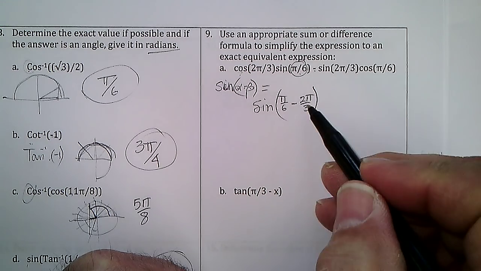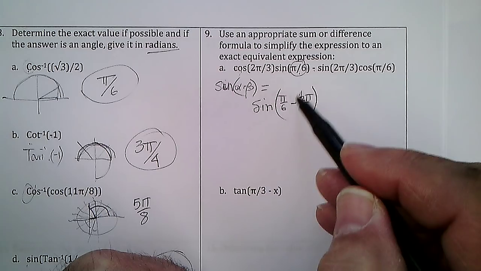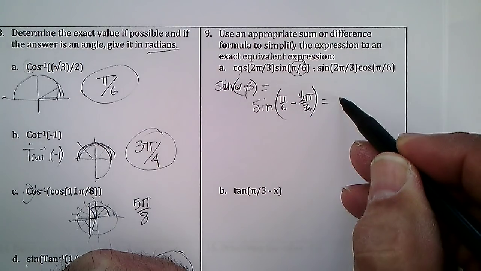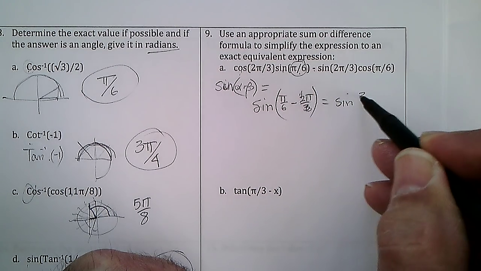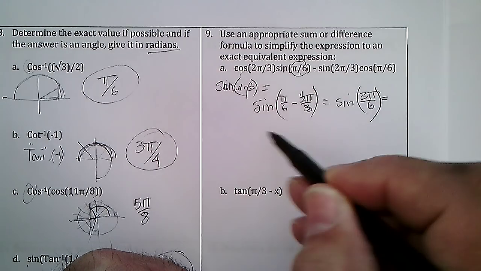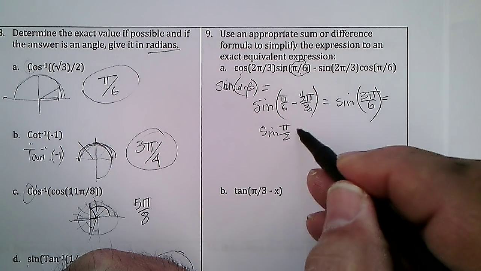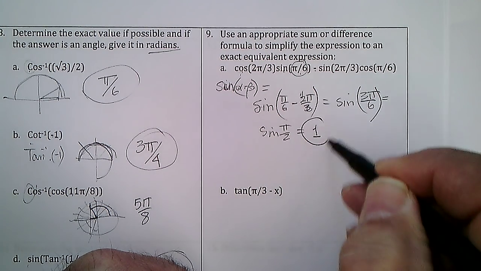So if we get a common denominator, this would be 4 over 6. So 1 over 6 minus 4 over 6 is sine of 3 pi over 6. 3 pi over 6 is the sine of pi over 2, which equals 1.